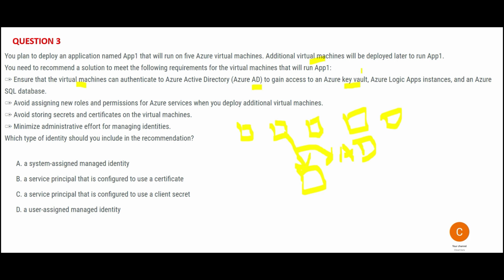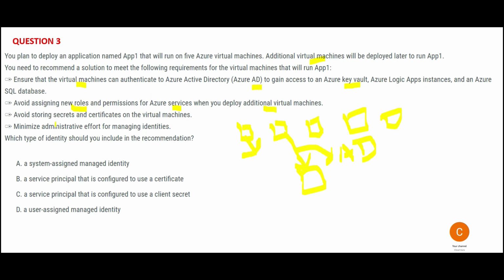then this security guy would give him access to the ground floor and so on. It's similar to that. So you have these requirements: you need to avoid assigning new roles and permissions for Azure services. Every time this guy tries to access a new service, you need to avoid creating a new role and permission for any additional virtual machines.